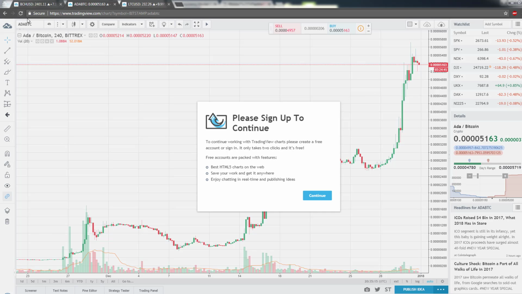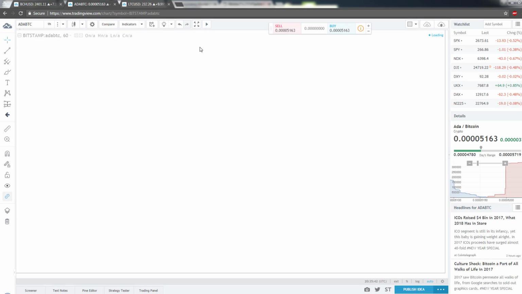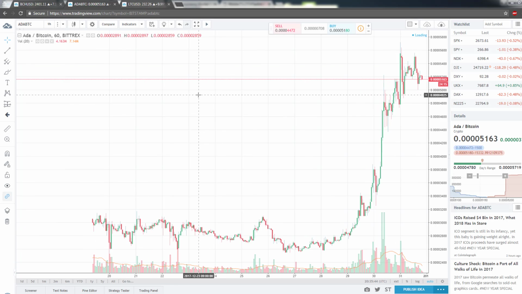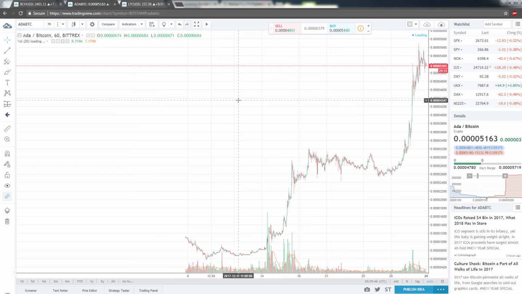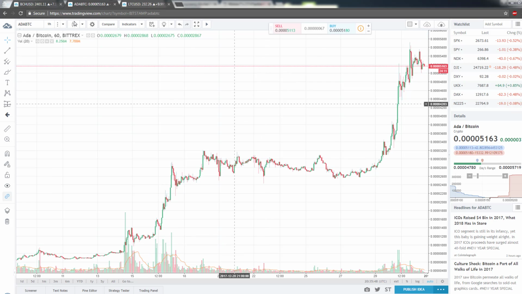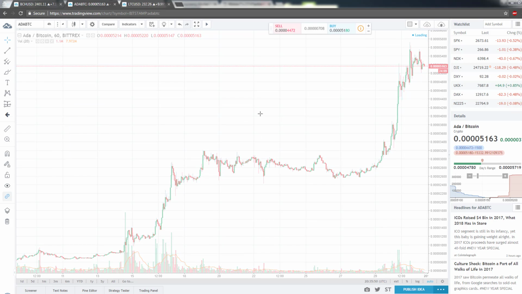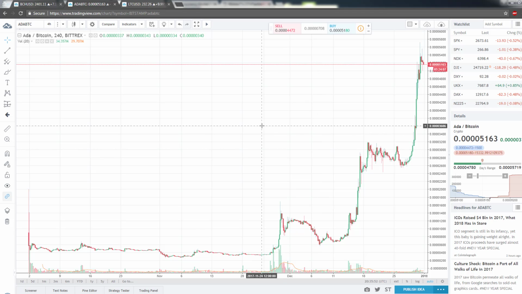Cardano, ADA BTC. Let's reload this page. Okay, here we go. Now this one has been very active recently. Oh, look at that. That's lovely. That's magical. A lot of money can be made right here, provided you entered somewhere along these bases right here.